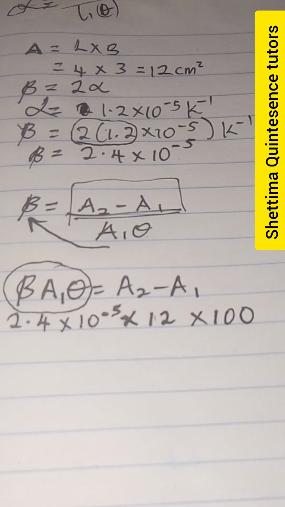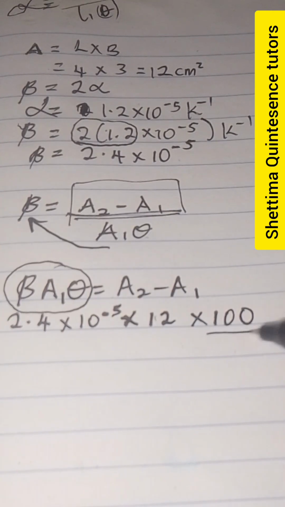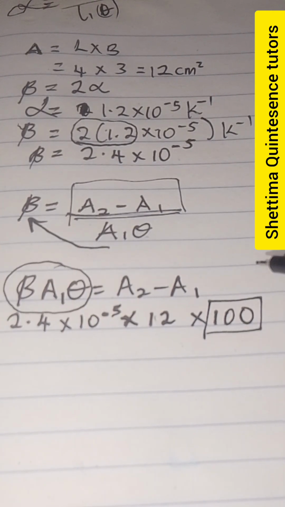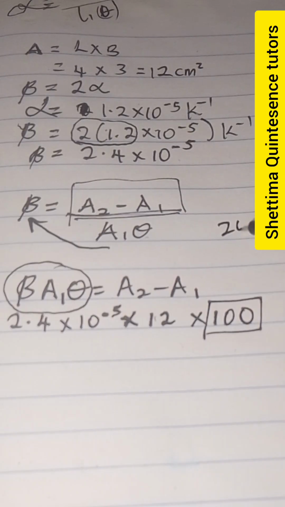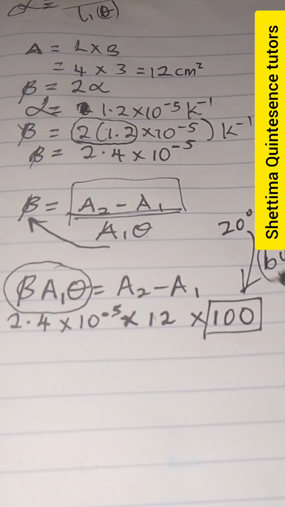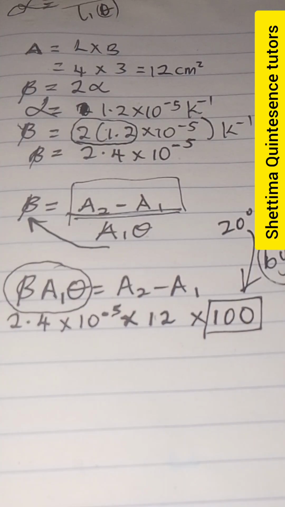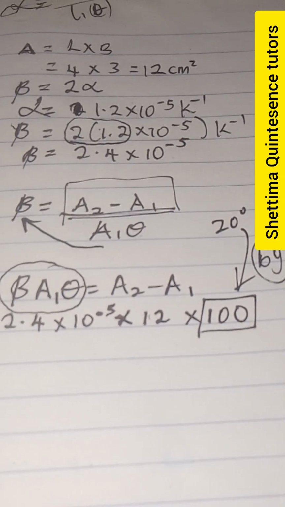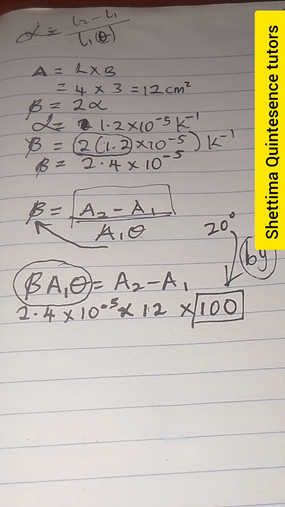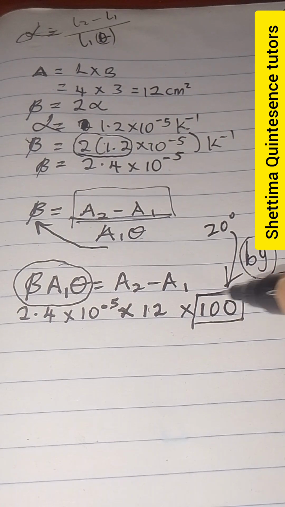Why are we using 100? Even though the question says it was initially 20 degrees and it increased by something, there is a difference between increase by and increase to. If you say increases by, we are saying that the temperature increase is 100.